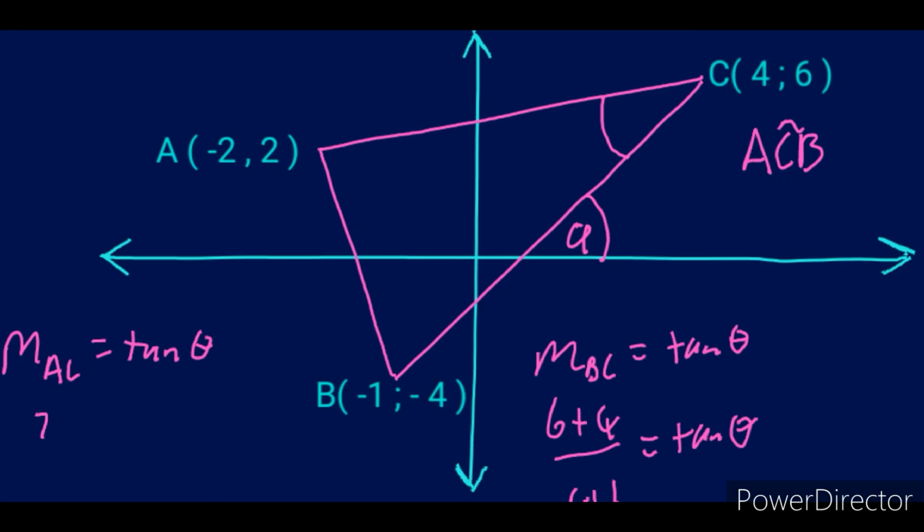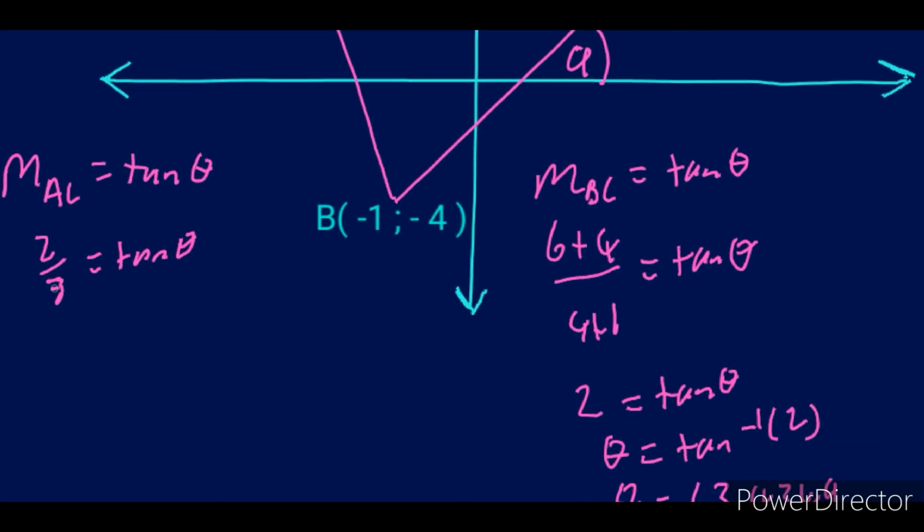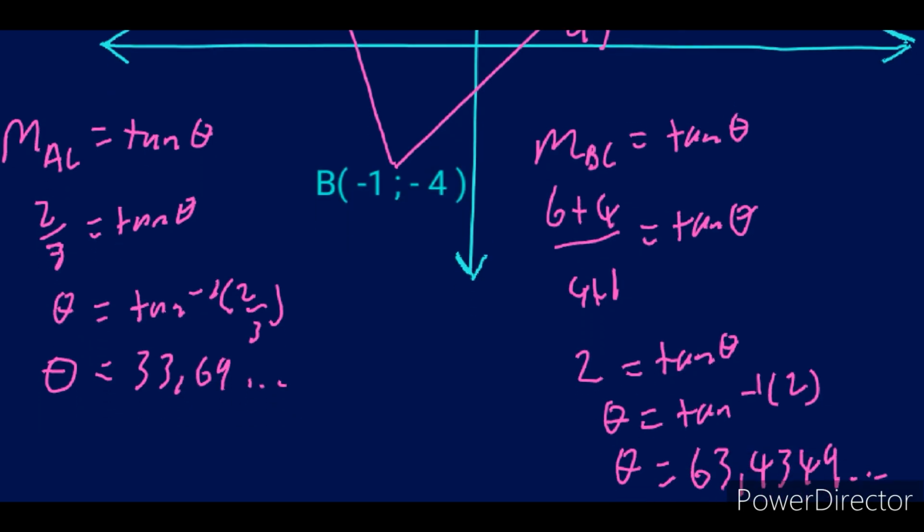So this was 2 over 3. This is going to be tan theta. And then when we said arctan 2 over 3, what did we get? It's going to be 33.69. So now we're going to subtract them.